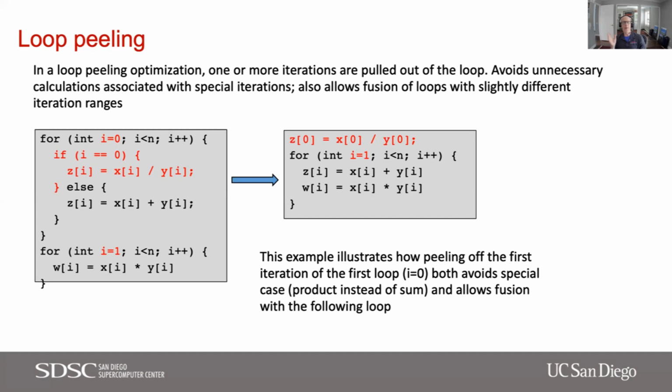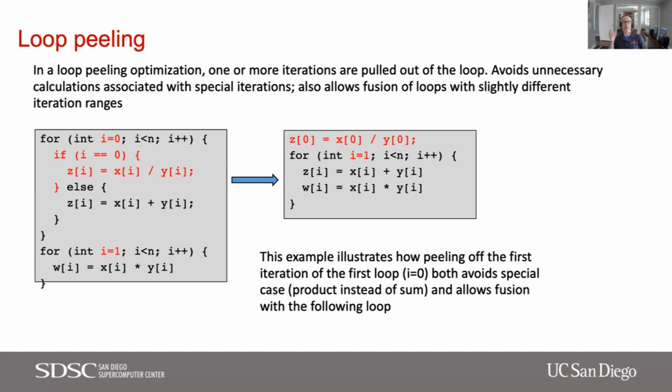So what we can do is take that special case, pull it outside, and calculate z of 0 explicitly, then change that loop so that it starts at iteration 1 instead of 0. And now we also have two loops with the same bounds, so we can combine them into a single loop.